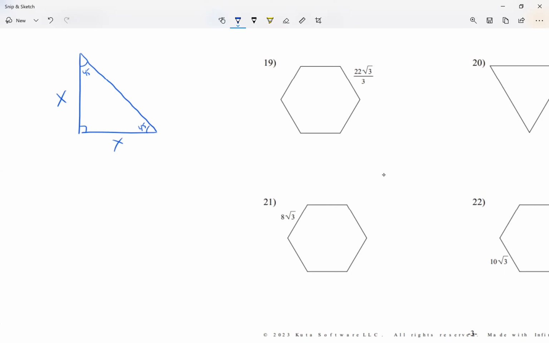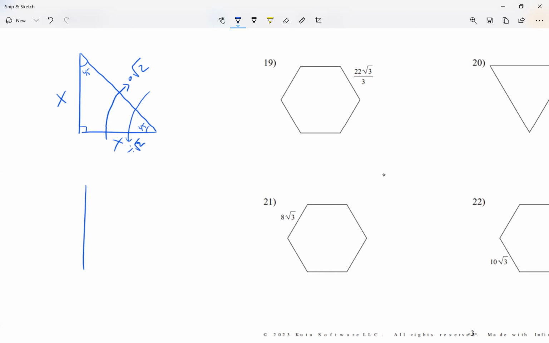And remember another thing. Whenever I needed to go from one side to the hypotenuse, I multiply by square root of 2. And if I needed to go backwards from the hypotenuse to the side, I divide by square root of 2. Right? We saw those, so I'm just reminding you guys of what we saw. It was nothing new.